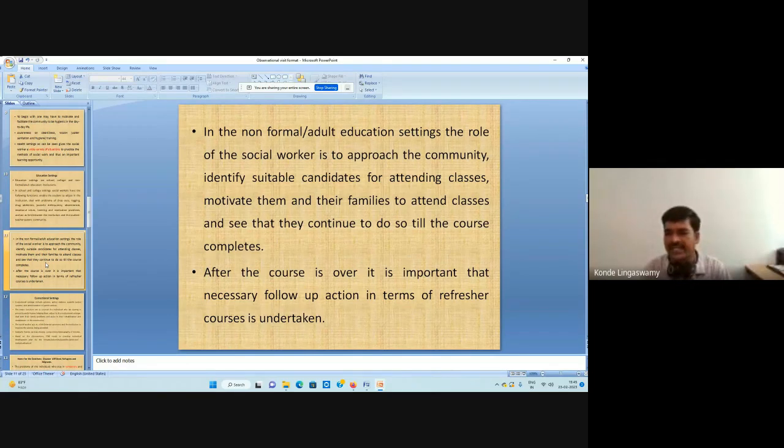After the course is over, it is important that necessary follow-up action in terms of refresher courses is undertaken. As a trainee social worker, when you visit an educational setting, you must focus on all these areas.